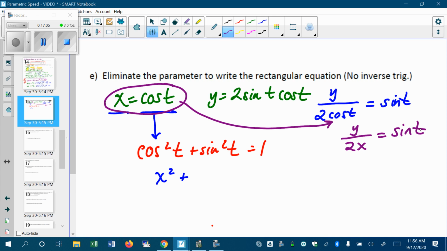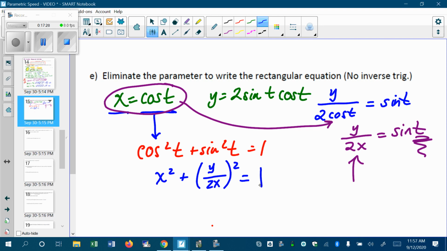And now I have something that gives me something parametric as related to something rectangular. And that was my goal. So in place of the sine of t in this identity, I can replace that with this rectangular form statement. And then I'm good to go. I could tidy that up if I want or not, because calculus, yay!